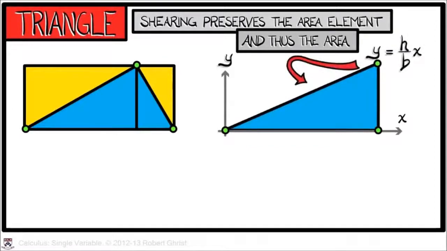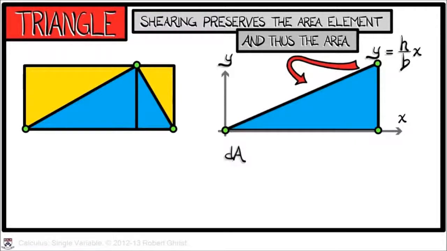We see we have not changed the area since we've preserved the horizontal area elements. Now, the hypotenuse has the equation y equals h over b times x.